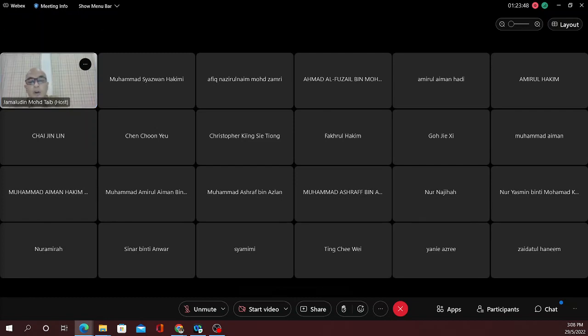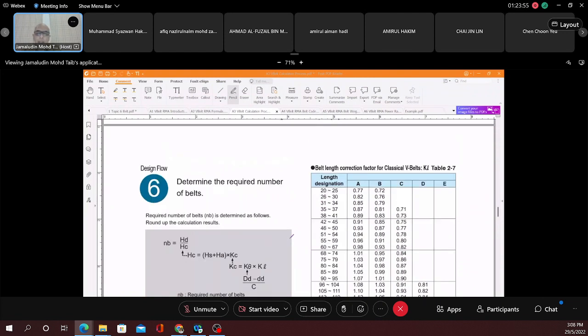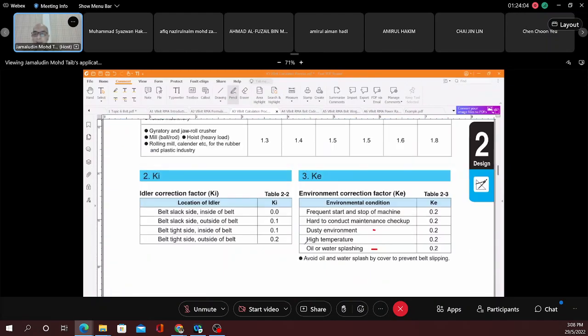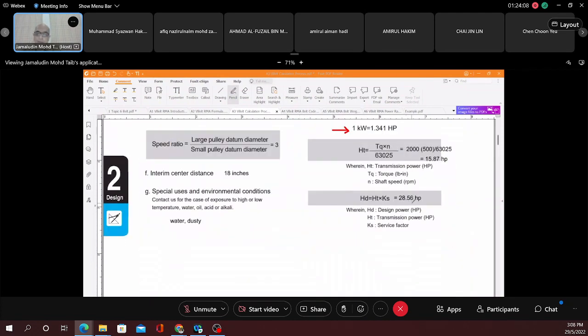Now we go to step number 6. In V belts, there's a certain power. For example, let's say our design power is 28.56. Let's say I have a C type of belt that can take only 10 horsepower.